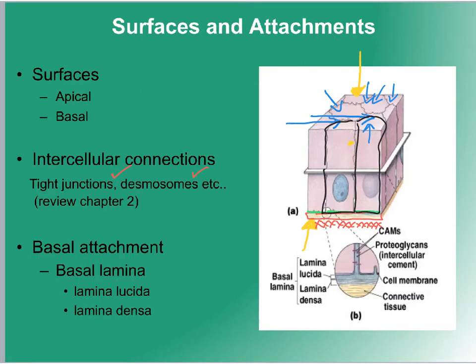The proteins begin inside one cell, extend through the membrane, and anchor on the other side. So what this does is it holds the cells very tightly to one another, and it prevents things from passing between cells.